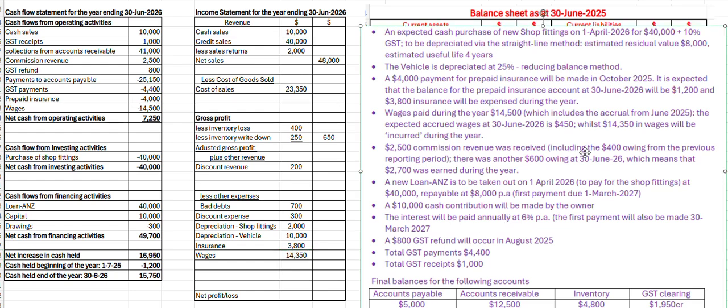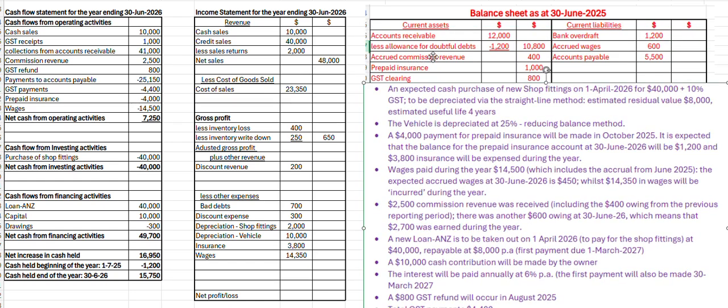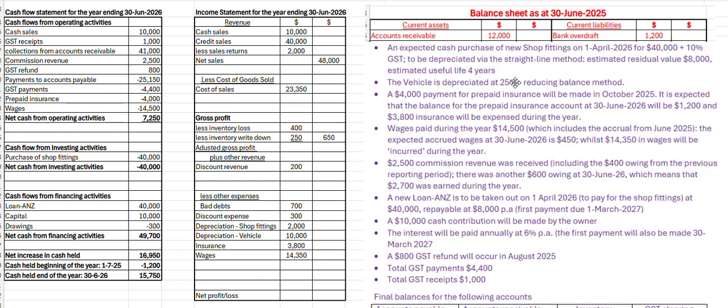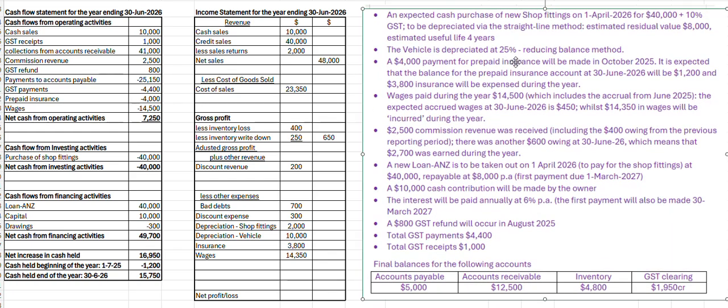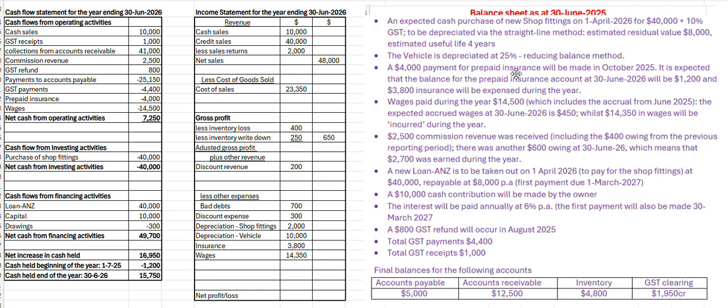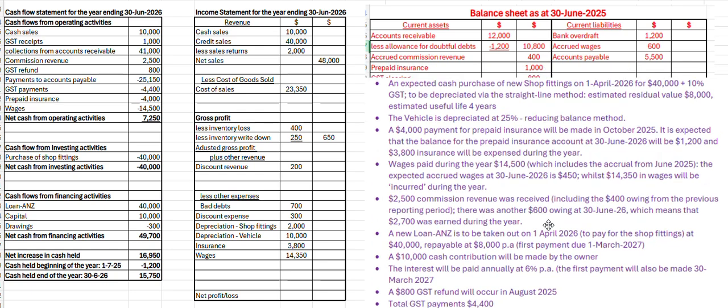Then we've got some commission revenue. So again, if we look at our balance sheet from the previous period, we had some accrued from the previous period. And so therefore, again, we're going to get a bit of a discrepancy between what we receive and what we earned, given there's a $600 amount.